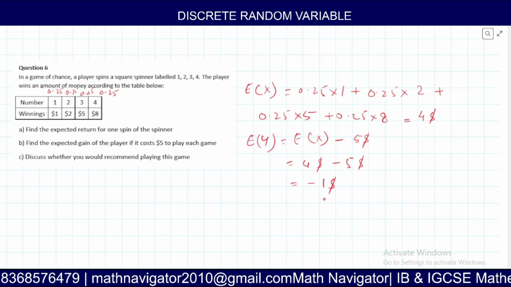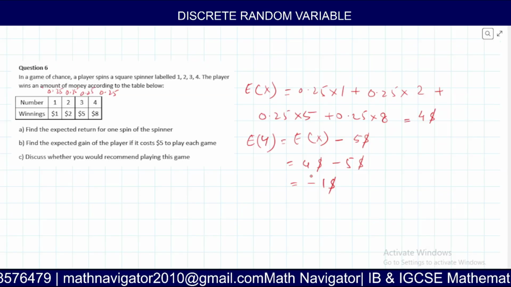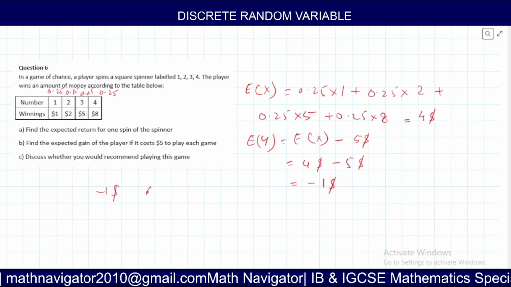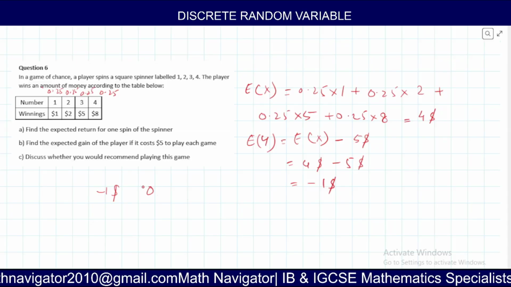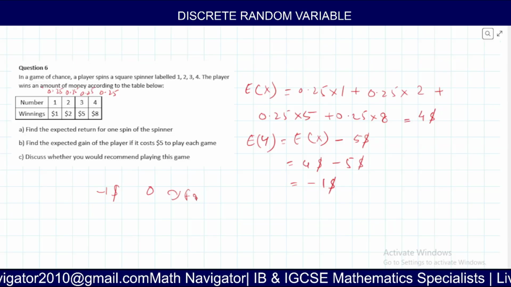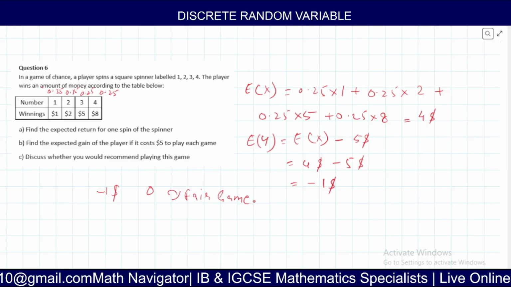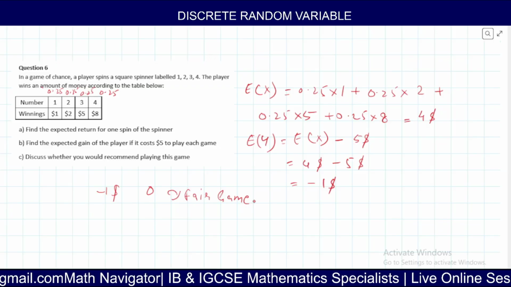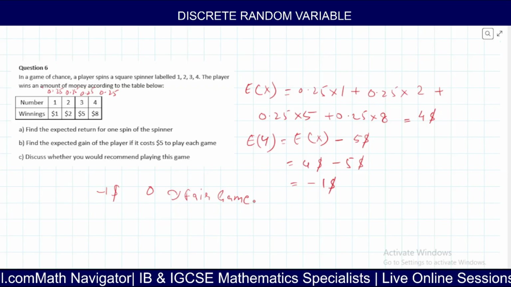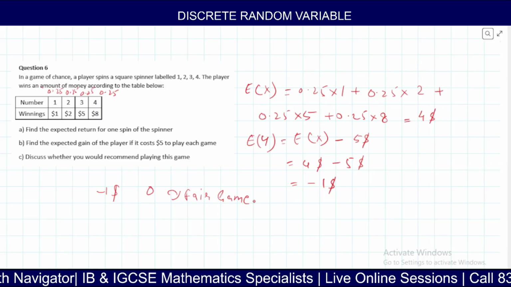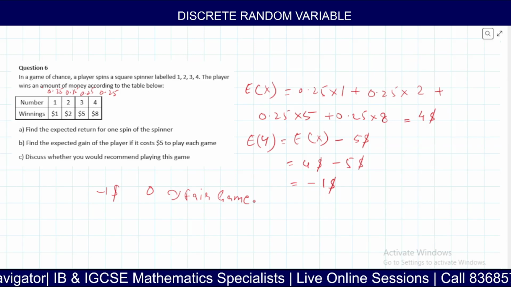So this is not a fair game. If this value comes 0, that means if instead of minus $1 I get 0, it will be called a fair game. Obviously you cannot get a positive value, because the person who is making you play the game will not lose the money. If it is positive, that means the person who is making you play the game will be losing the money, which is not okay, which is not possible, right?